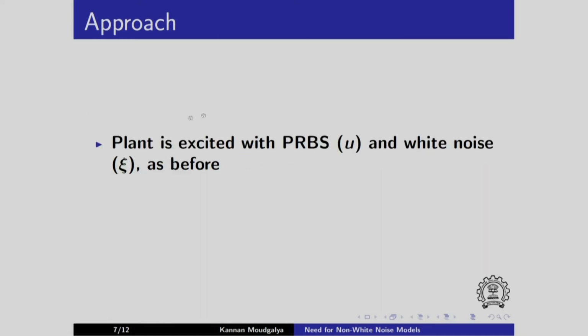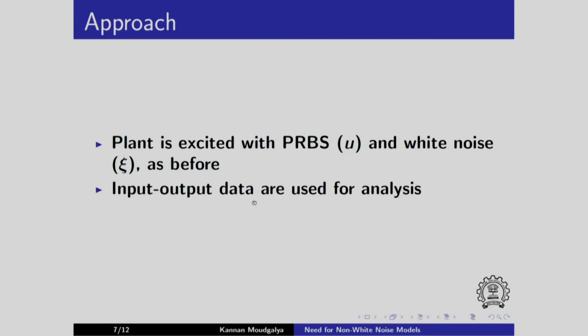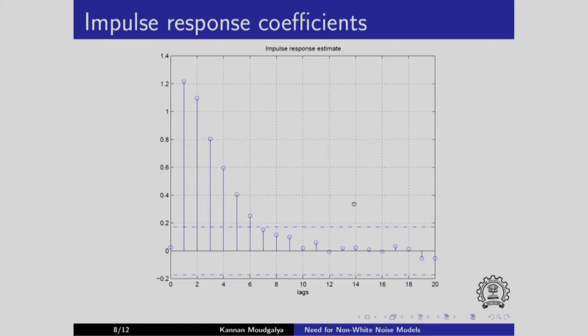So the approach we take is the usual one. We excite the plant with PRBS u and white noise e as before, and then we use the data thus collected for analysis. Using the same method that we used previously, we determine the impulse response coefficients, and this says that there is one sample delay.